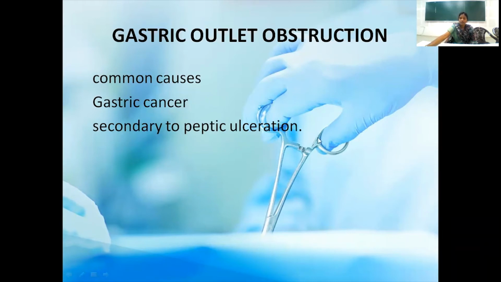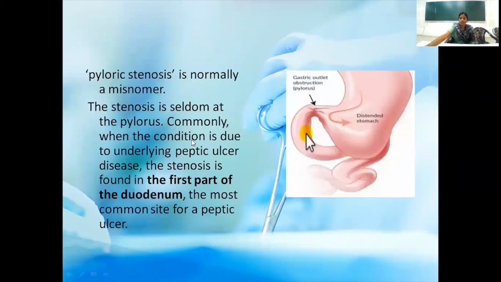Previously, peptic ulcer stood first, but with the advancement of PPIs, this condition has decreased, and now gastric cancer is the most common cause of gastric outlet obstruction, followed by peptic ulceration. However, in adults, pyloric stenosis is normally a misnomer. Why? Because in adults, pyloric stenosis is secondary to peptic ulcer or carcinoma stomach.